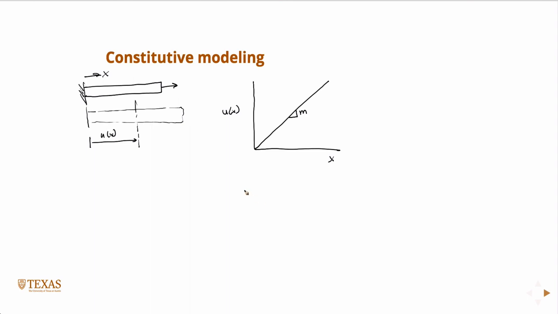Then I were to ask the question, given a point x0 and u0, so given x0 and u0 and m, what is x1 and u1, where x1 and u1 are some other points.